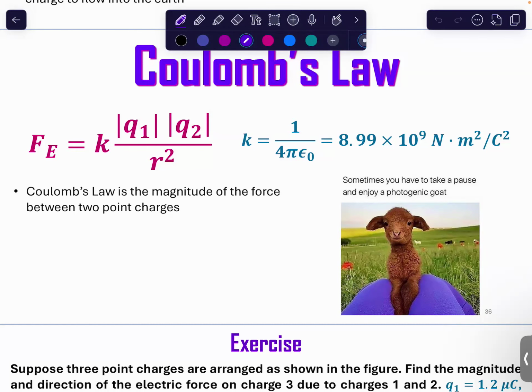Okay, so we're up to Coulomb's law. So remember, Coulomb's law is apparently we don't care about our exams. We all just want to fail the MCAT. We've already played for that.